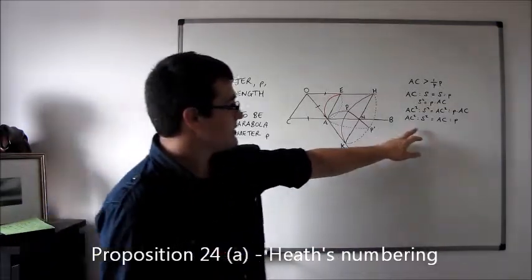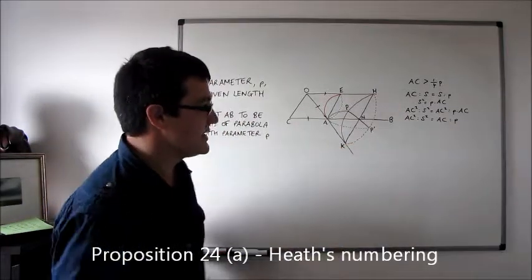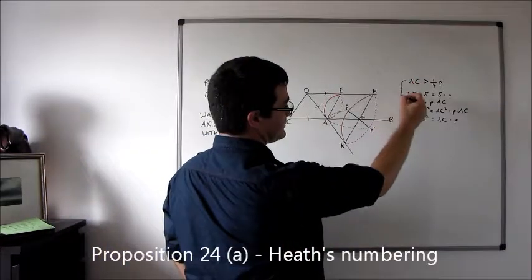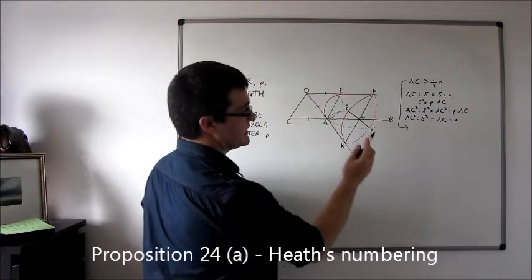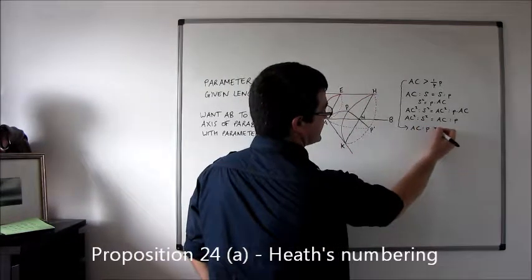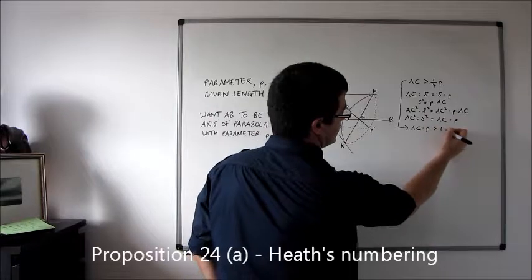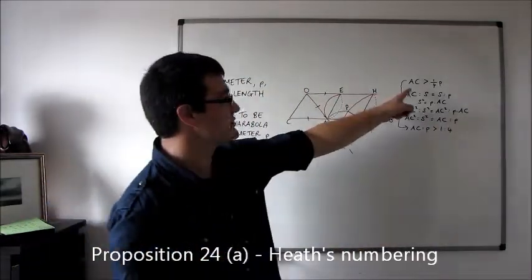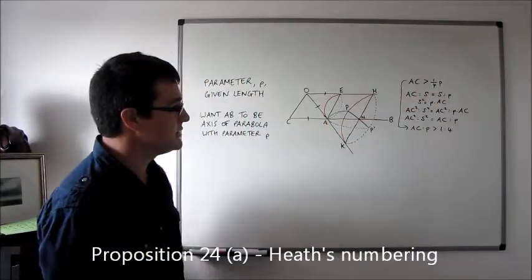And okay, so what's the use of this now? Well, going back to this thing here, I can say that the ratio of AC to P is going to be greater than the ratio of 1 to 4. So that follows straight from this inequality here.